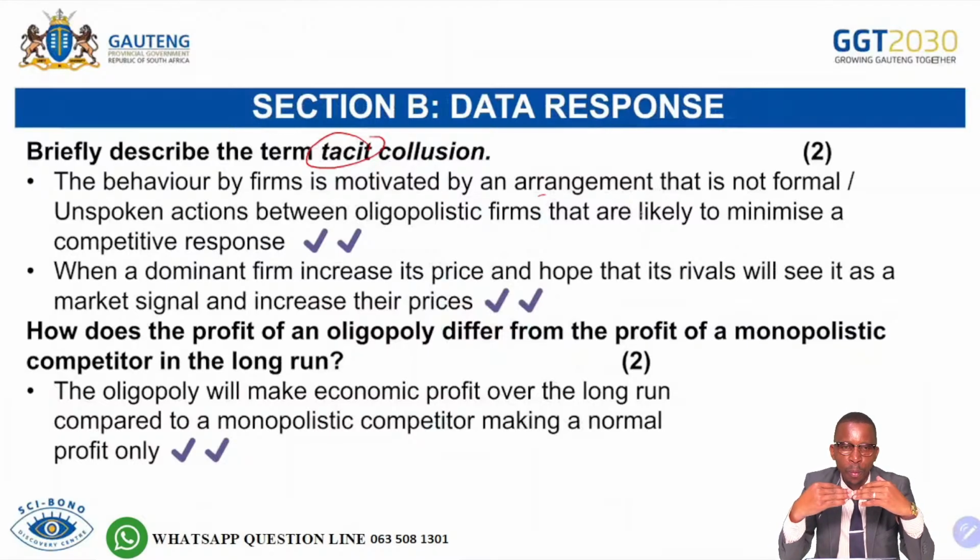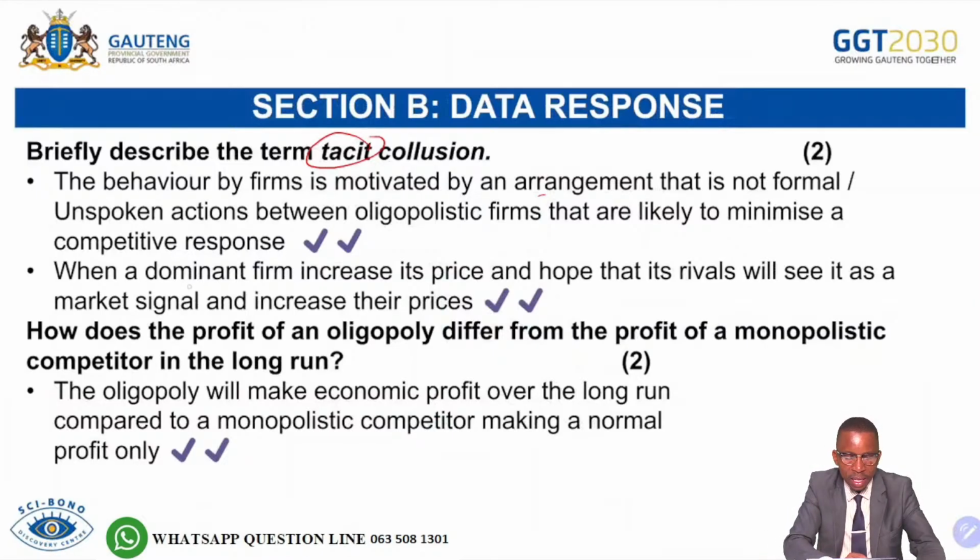There is no formal agreement to fix the price. One firm increases the price, other firms copy the price without any formal agreement. We call that an implicit, tacit, or hidden collusion. Remember, in your mind already you must have the explicit collusion, which occurs when there's a formal agreement between firms within the same industry to fix the price or production techniques.